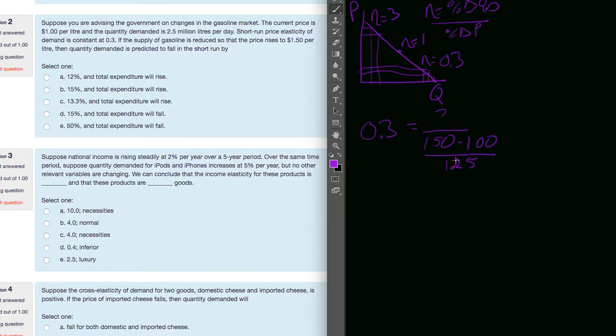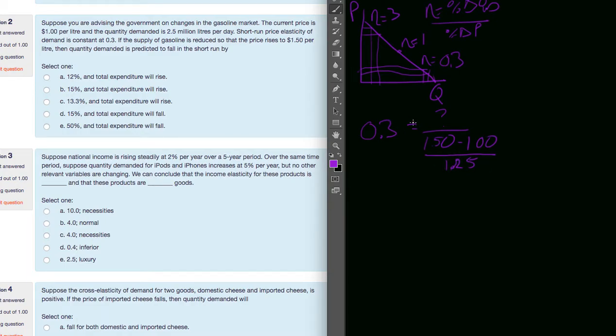If I calculate it out, $1.50 minus $1 is 50 cents, divided by 1.25. I would get 0.4. So here I have 0.4.